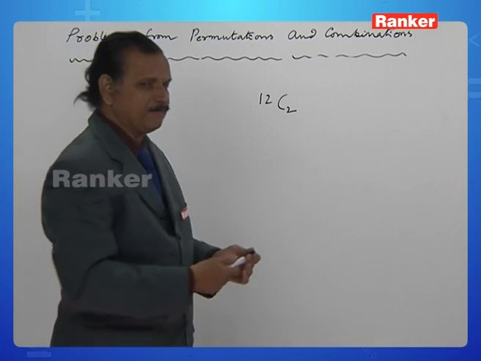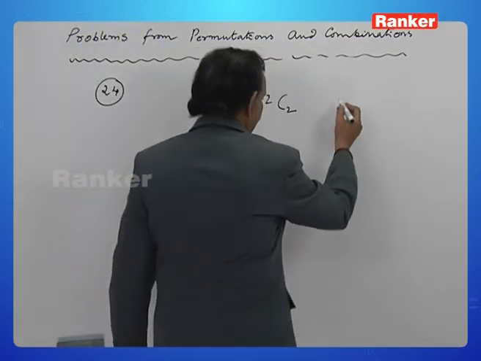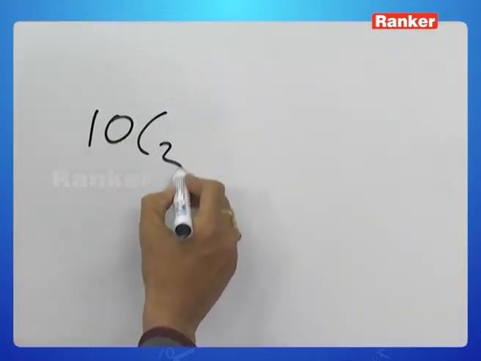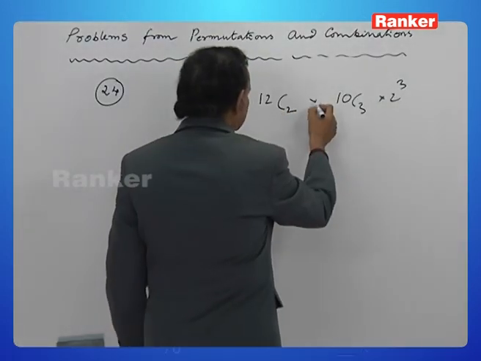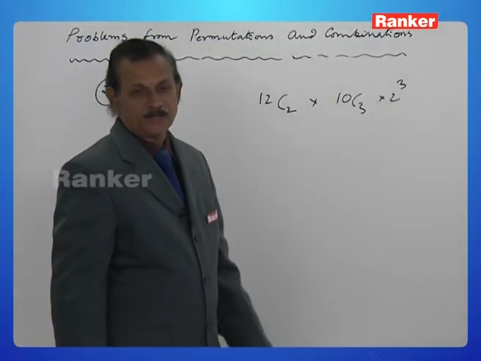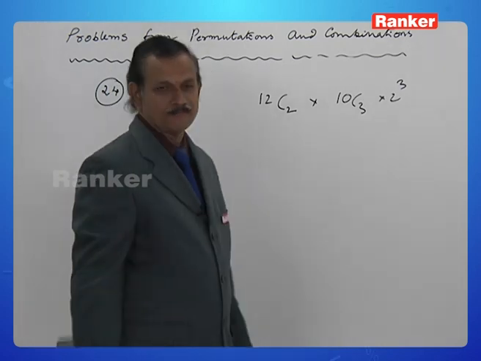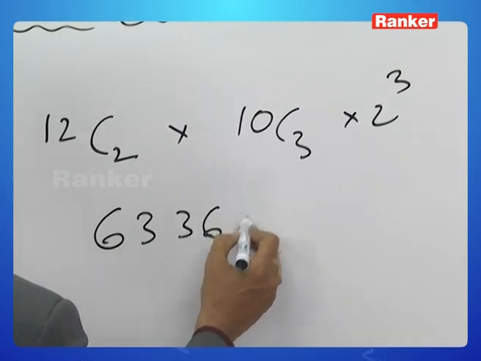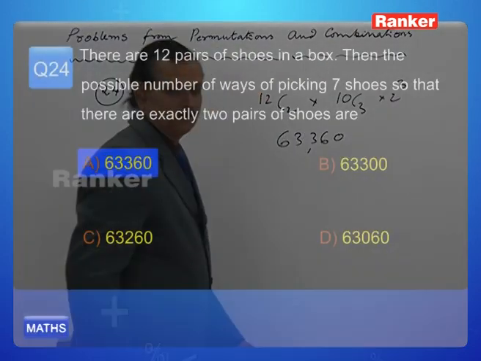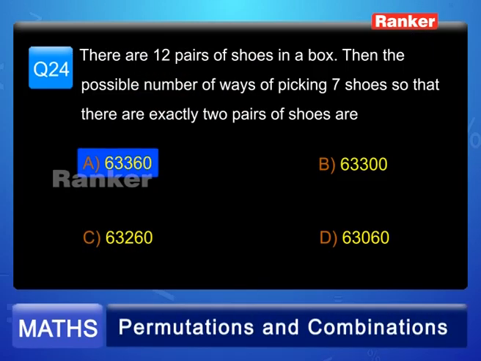All these can be very easily observed to be in 10C3 × 2^3 ways. Total 12C2 × 10C3 × 2^3. The answer comes to be 63,360 if you can calculate. Therefore, the right option among the options is the first option. Option A is the correct option.